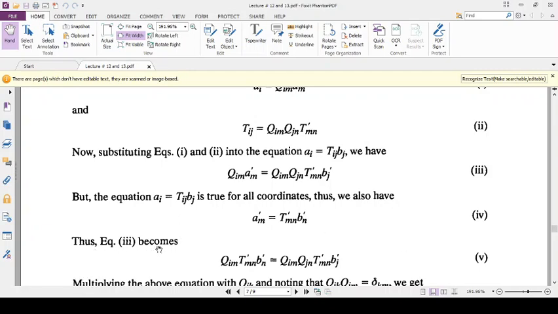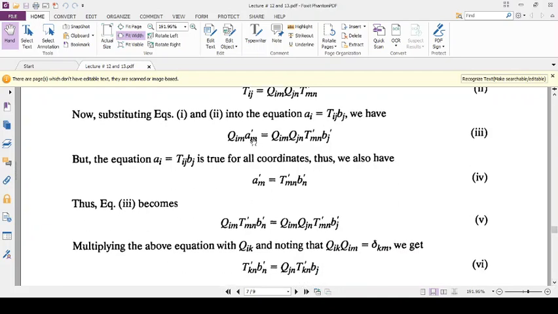Thus, put equation number 4 into equation number 3, and we have equation number 5 simply without any change: a_m dash equals this, and here we have the right side.